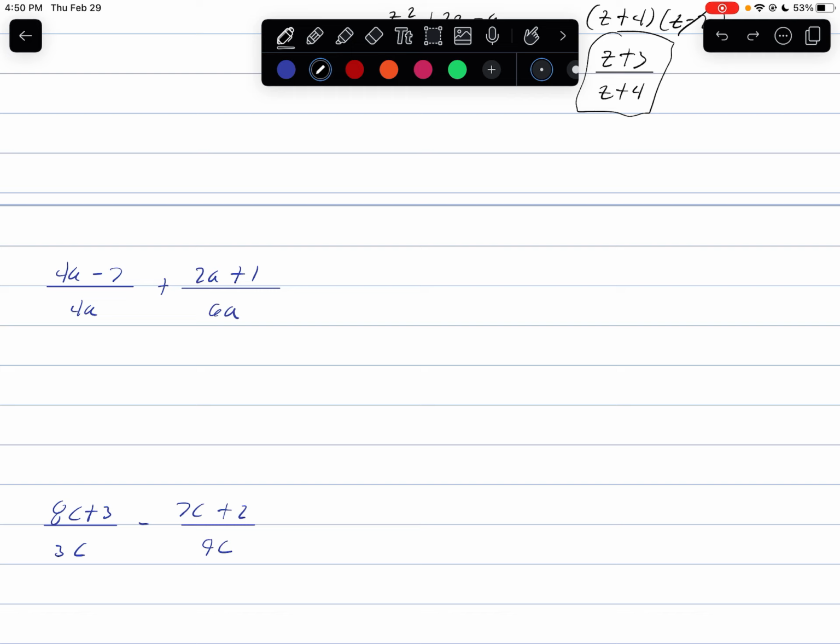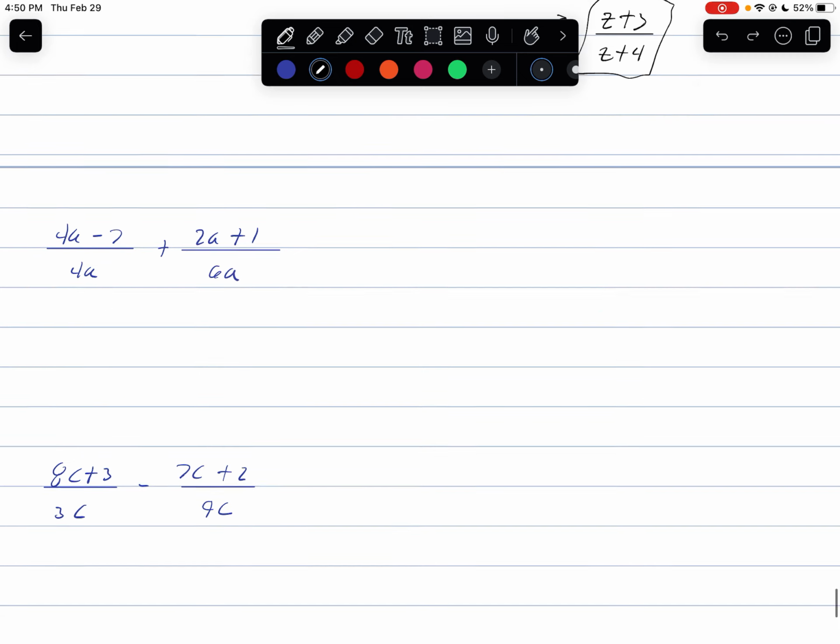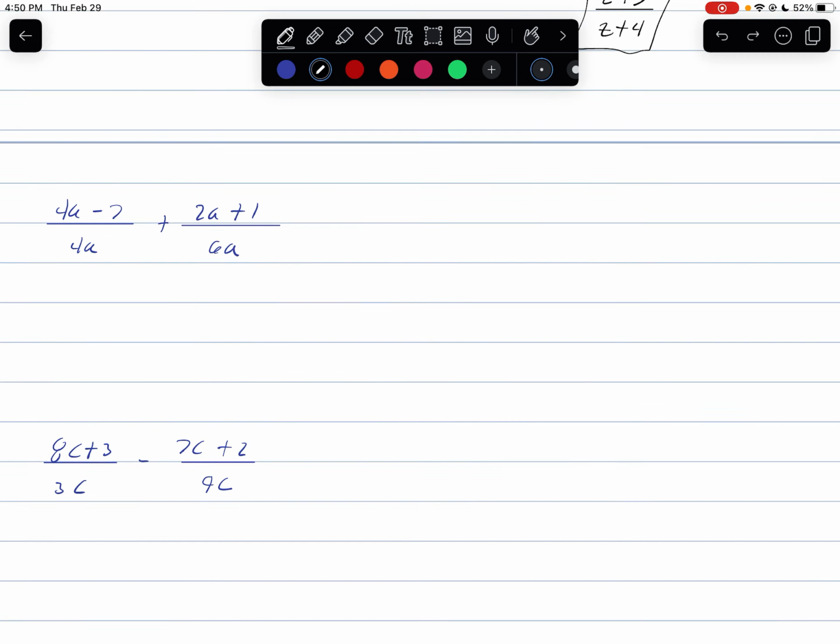An option, this is a totally valid option, would just be to multiply the right one here by 4 over 4, and the left one by 6 over 6. That is always going to be a strategy that will end up working, although you'll have to do some more simplification later. But one thing you can notice is that you can find something a little smaller, a little better, right?